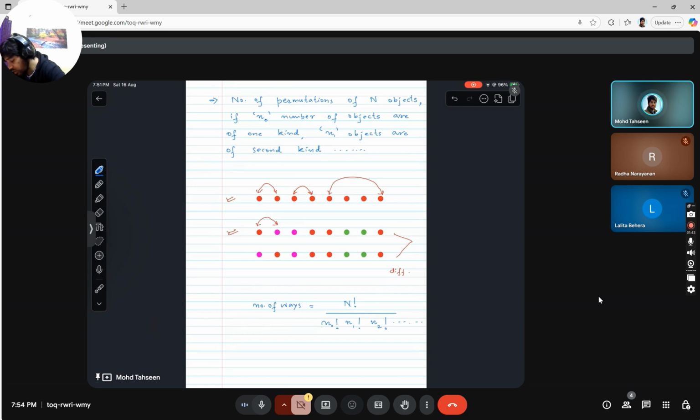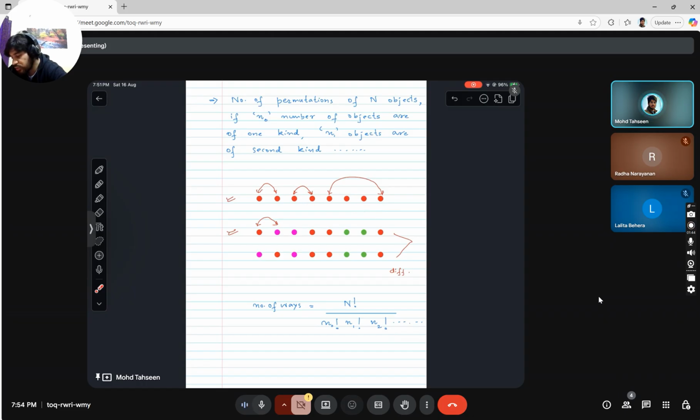So if you look at what this means, first of all let's say that all these n objects were distinct, different colors, then there would be n factorial ways of arranging these particles, right. If they are all different, we can distinguish them from one another, then there will be n factorial ways in which we can arrange them.